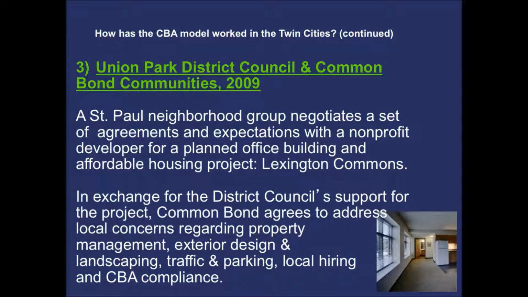So the neighborhood group was able to go back to their leaders in the neighborhood who had expressed concerns about this project and to say, we have pretty strong agreements about the management of the project, the exterior design, landscaping, traffic, parking, and we even have some local hiring and other provisions that we want.